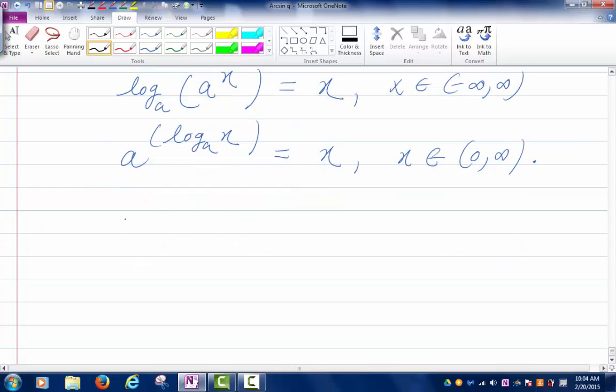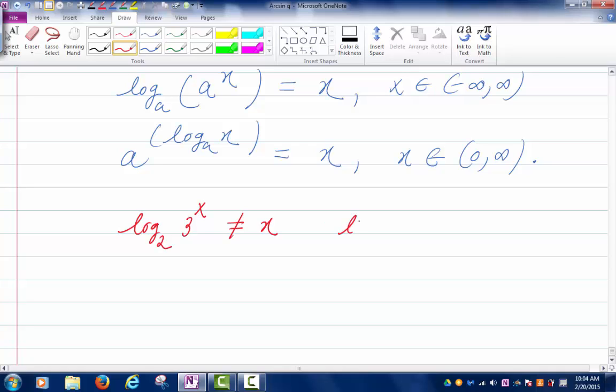For example, this is a warning. If I have log base 2 of 3 to the x, this is not equal to x, right? So the cancellation property can be applied when the base for log and the base for the exponential are the same.